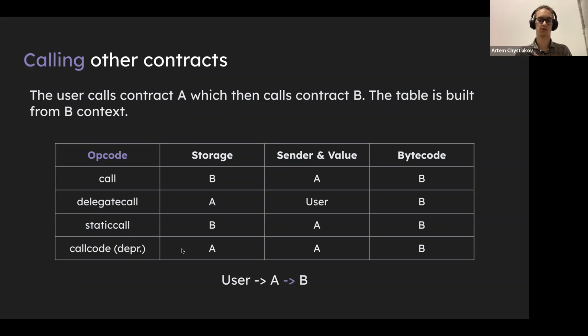But with callcode, the storage remains the same, but the sender and value change. This was not as useful, so it got deprecated long ago. It's just for the sake of history, but you should never use callcode anymore. It was deprecated in favor of delegate call.